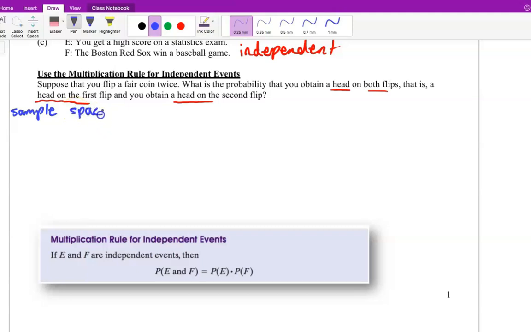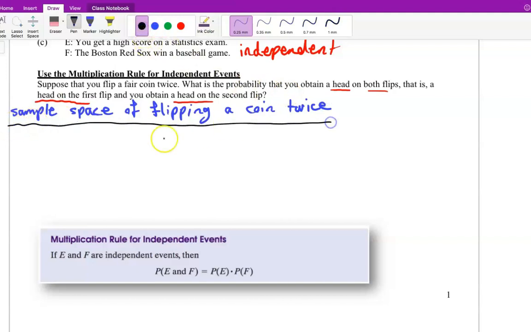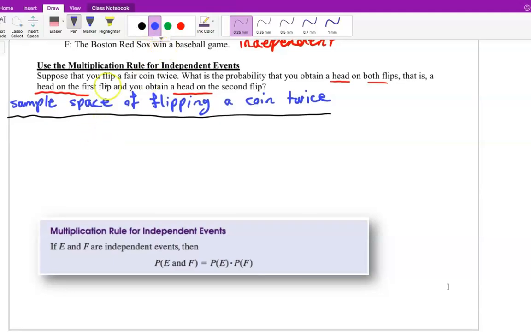So here is the sample space. This part is the sample space of flipping a coin twice.